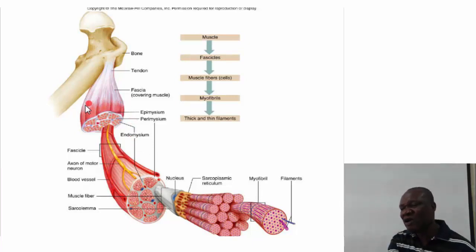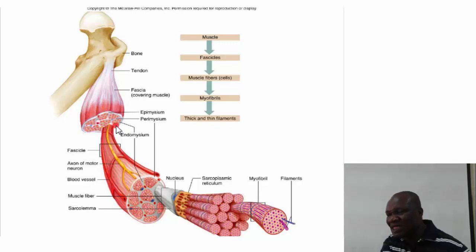Now, if we take the whole muscle, which attaches to the skeleton via the tendon, the whole muscle is covered by a connective tissue called epimysium. So this is our skeleton and it has epimysium. Now, the whole skeleton is made up of fascicles. So these are the fascicles, and that is one fascicle.